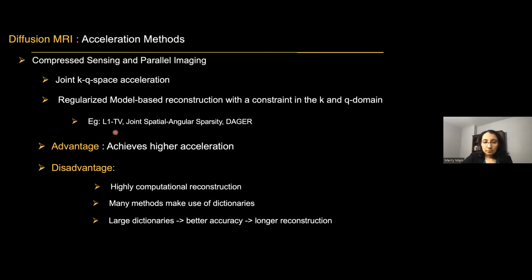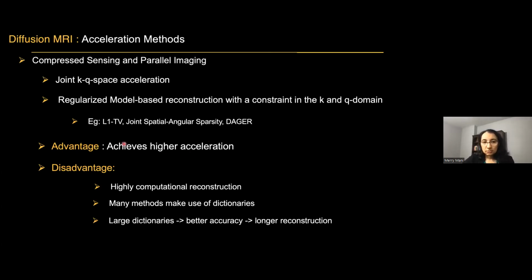So some techniques that already make use of these regularized model-based reconstruction for compressed sensing and parallel imaging are the L1TV, the joint spatial angular sparsity methods, and the dagger method. I won't go into the details, but you can refer to that.